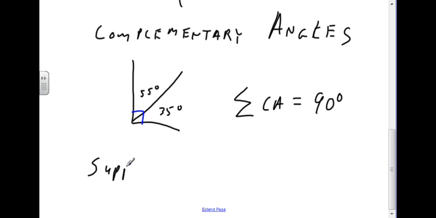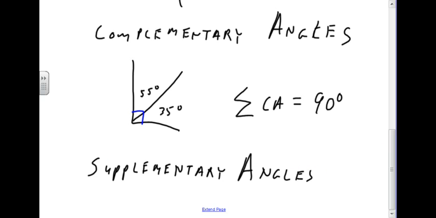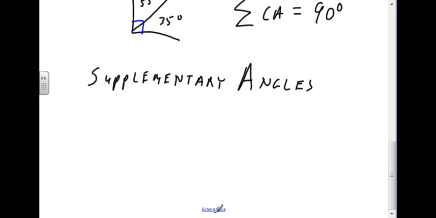My same discussion goes on here, that we could have picked any word we wanted to at all, and we had to have one with five syllables, just to complicate the matter. Supplementary angles will add to 180 degrees.